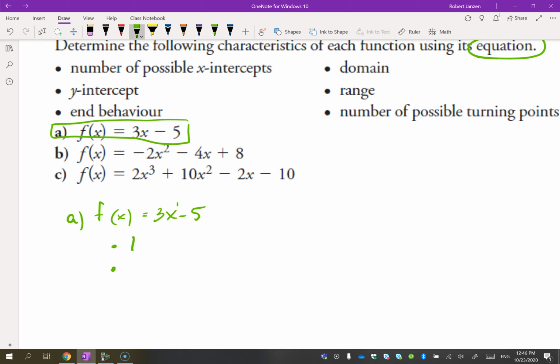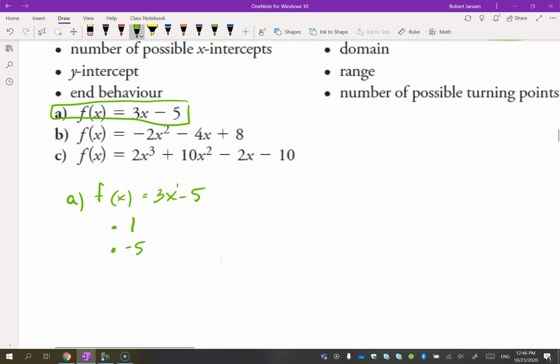The Y-intercept, I can see it. If I make X 0, that Y-intercept will be -5. What kind of end behavior is this going to have? Well, this is a positive X, so I know that when I graph it, it's going to look like this.